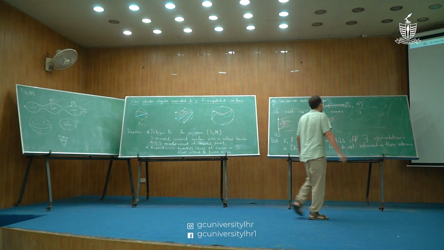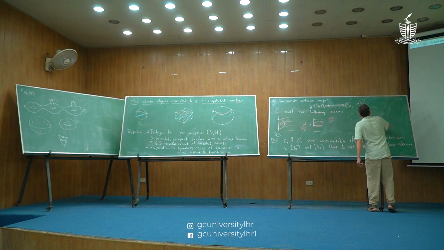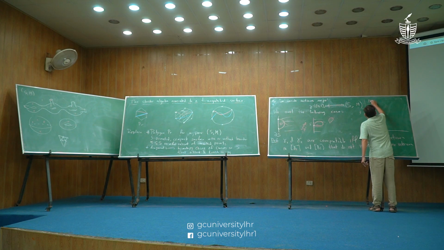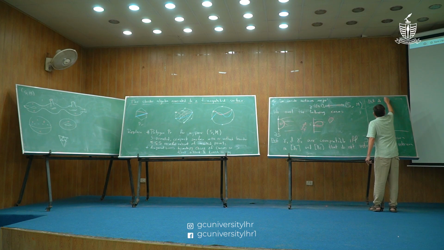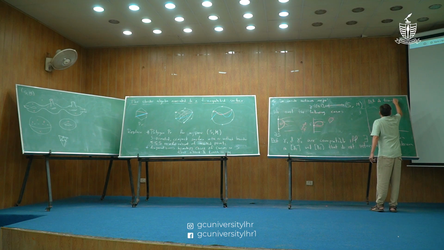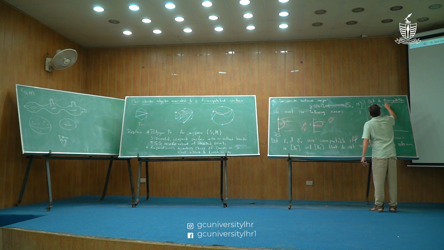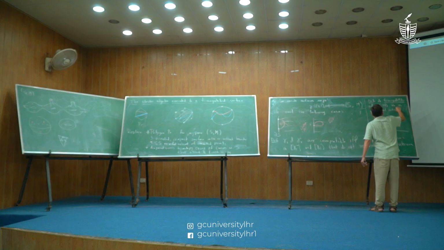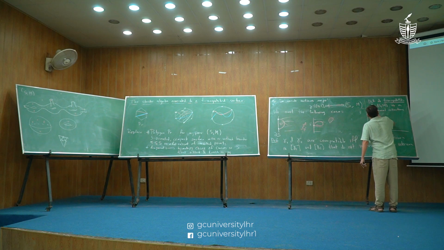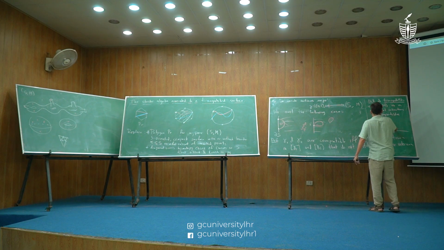And finally, maybe I will put it here. Definition. A triangulation of a surface is a maximal collection of compatible arcs, okay?